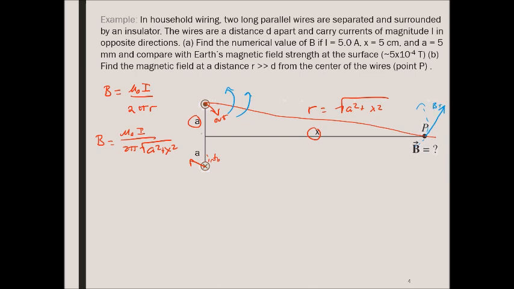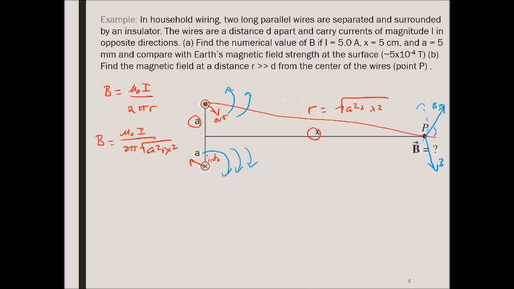So that's the B from the top. Then from the bottom, we flip the hand the other way. You're going to stick your thumb into the page and then grab your pencil. And so the magnetic field is going to wrap around clockwise. And so the magnetic field at this point is pointing this way. And now we need to look at our angles.